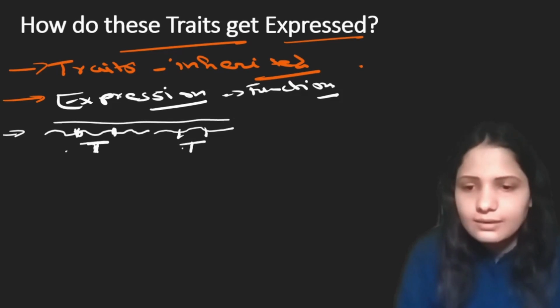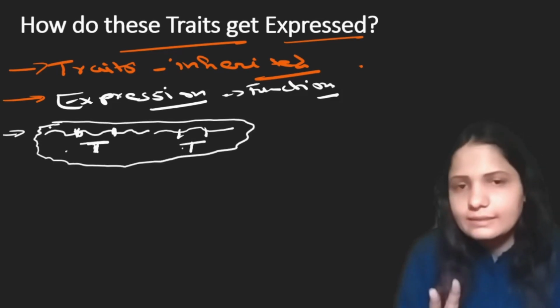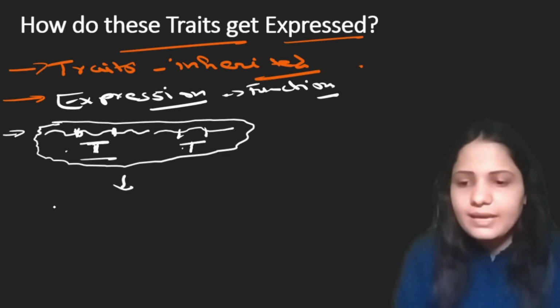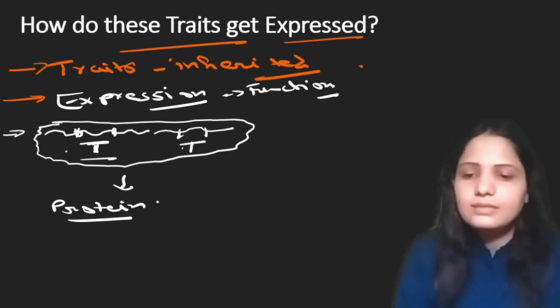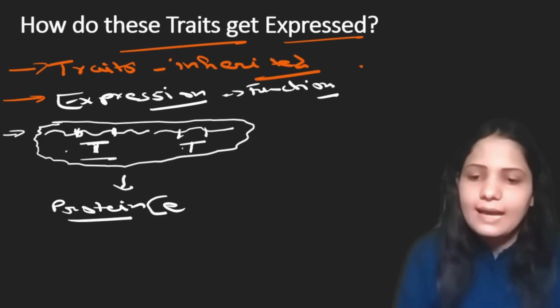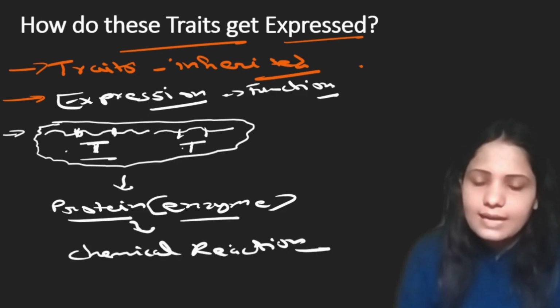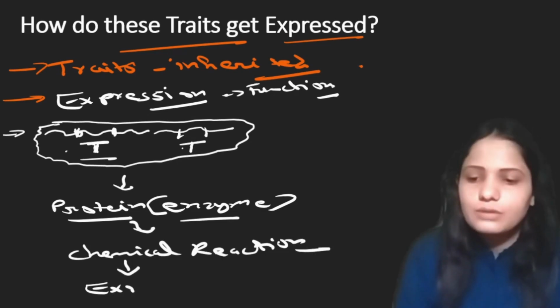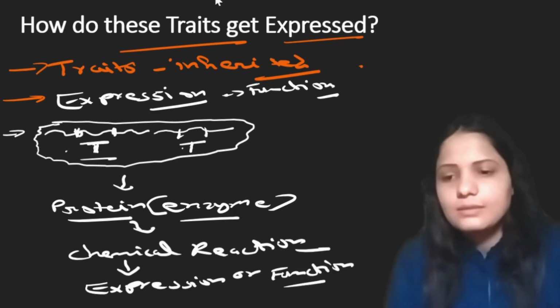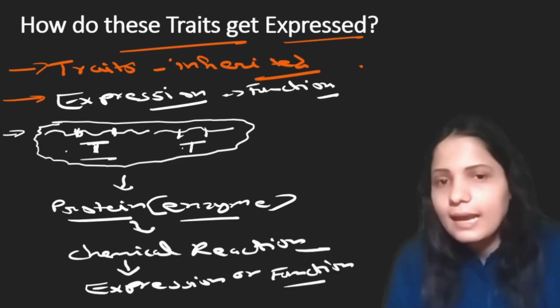These alleles will make protein in the cell, and this protein will act as an enzyme. Further, this enzyme will regulate chemical reactions inside the cell and lead to the expression or function of the gene. This is how the traits get expressed.